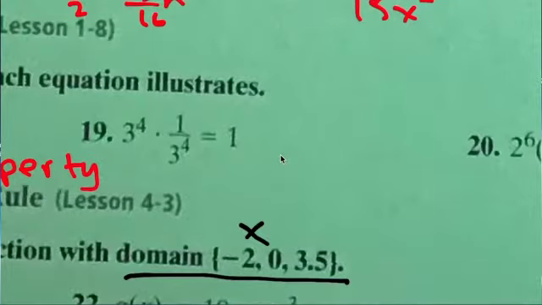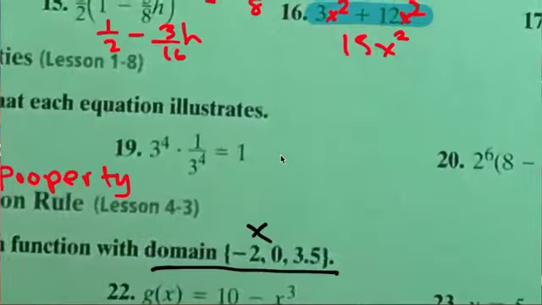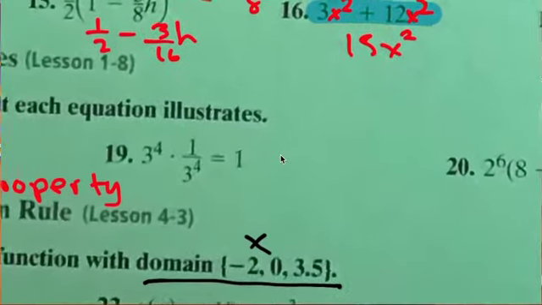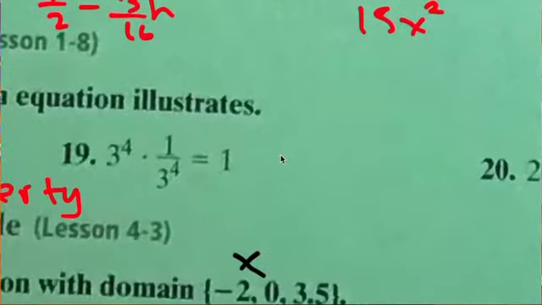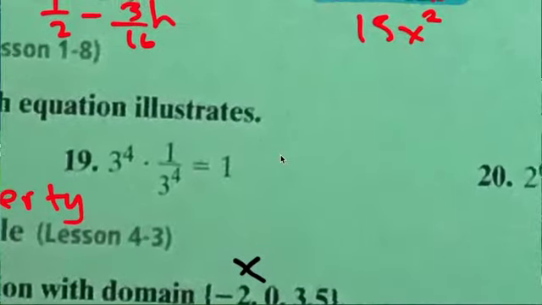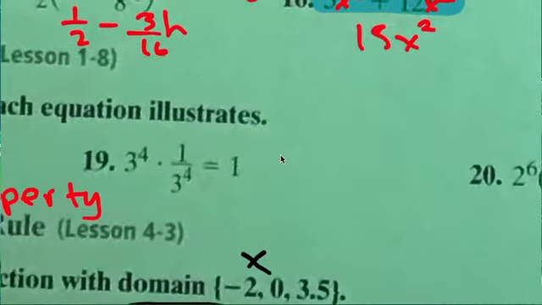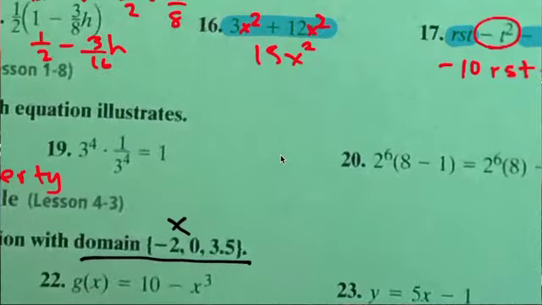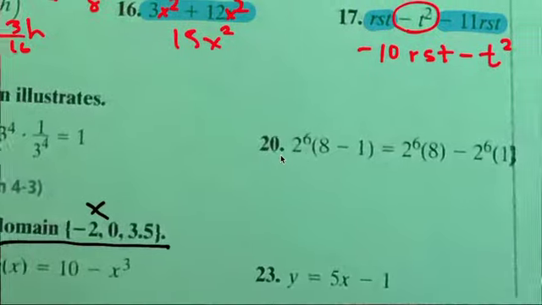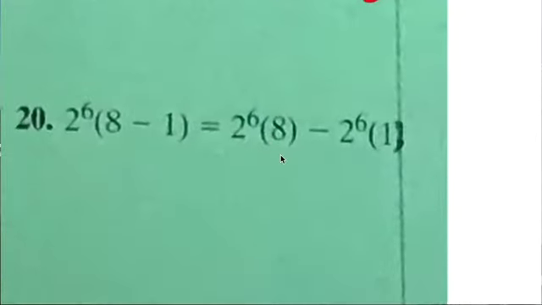This is numbers that equal 1, probably property of 1, right? I'm not sure what the property is called when you divide a number by itself to get 1. I'll find out and I'll tell you in class tomorrow. I haven't taught this in years.